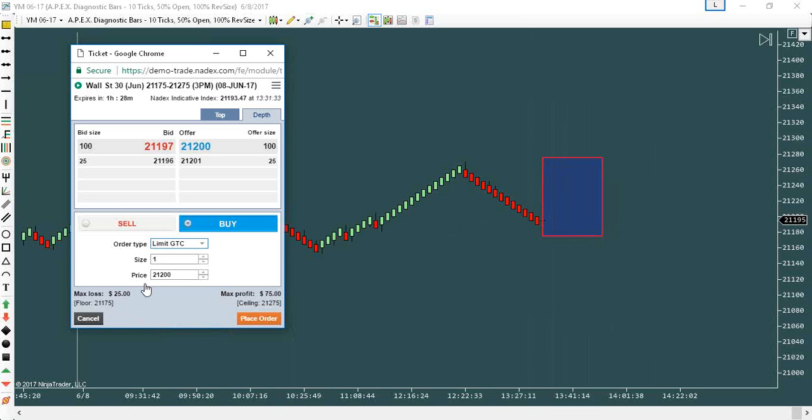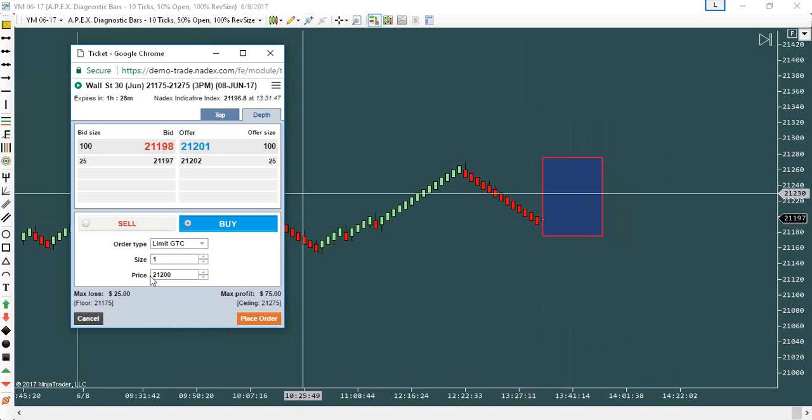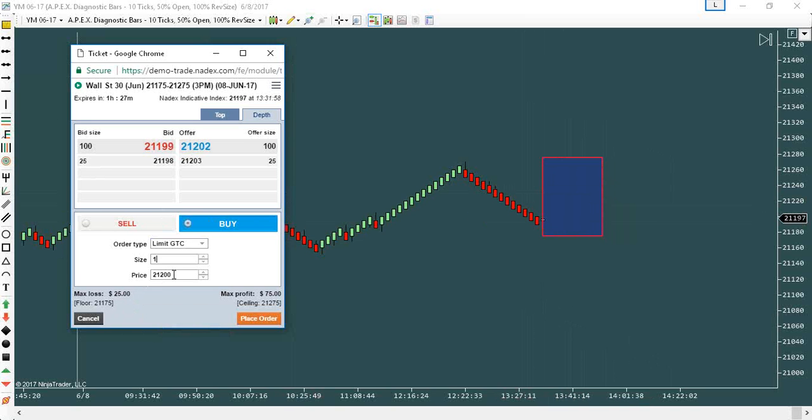Okay. So let's say that I bought in this spread and the market goes up 20 ticks, and then it expires. I got in here at 21,200. Let's say it goes up to 21,220, and then it expires. To get in this trade, I had to put $25 out of my account on hold.